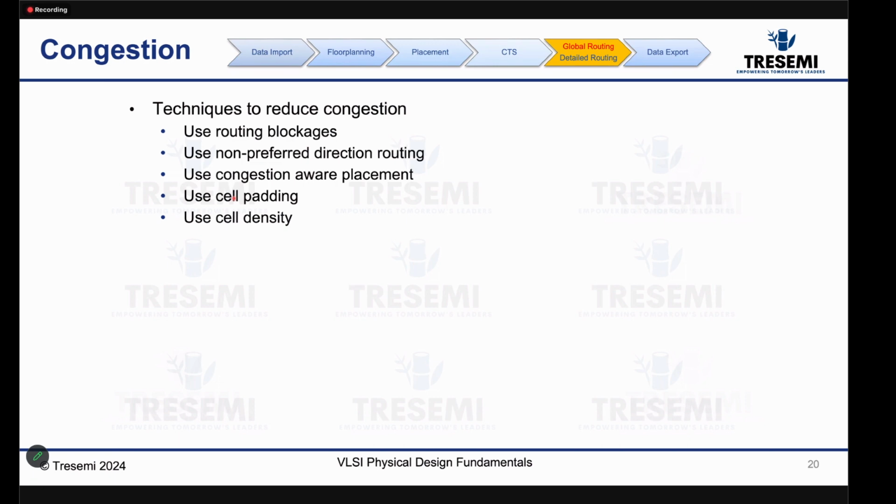So you can do cell padding for those, calculate target cell spacing. And of course, if you didn't turn on congestion-aware placement, maybe it's time to do that, right?